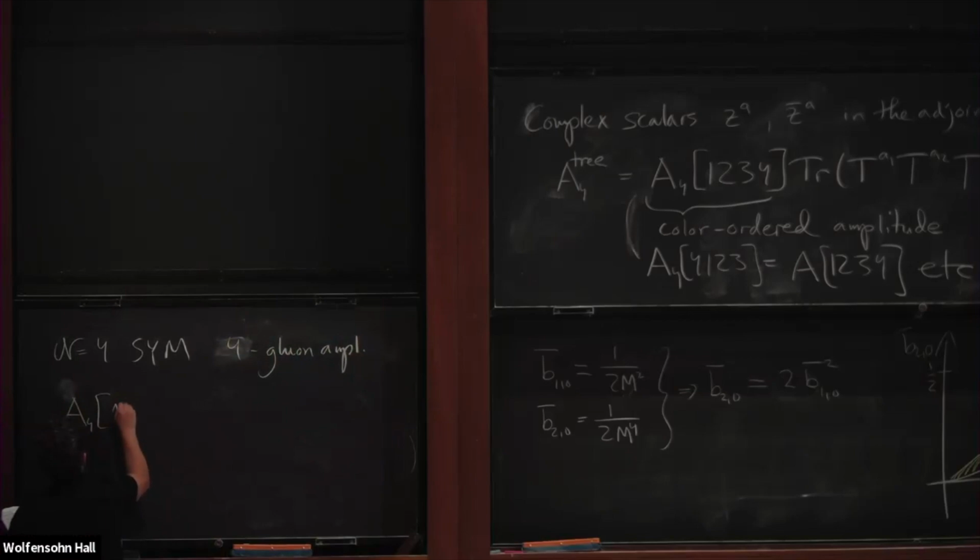Supersymmetry requires it to be an amplitude that has 2 of the states be positive helicity and 2 of them be negative helicity. Again, I have all states going out. And just to recap quickly, these are massless spin 1 particles. They're characterized by helicity that can either be positive or negative 1. And so I have gluons 1 and 2 with positive helicity, gluons 3 and 4 with negative helicity.